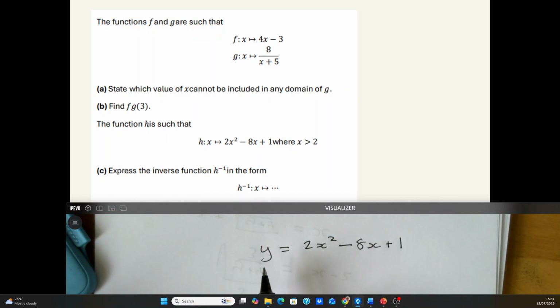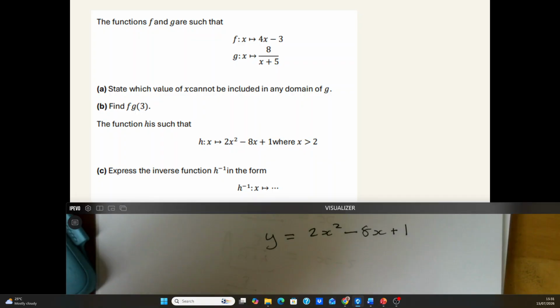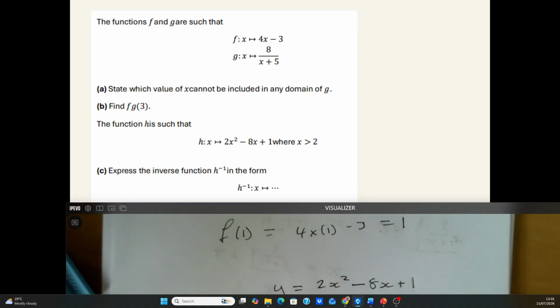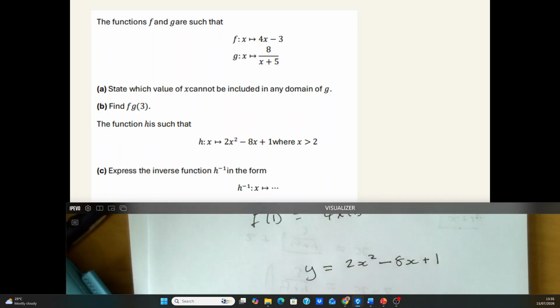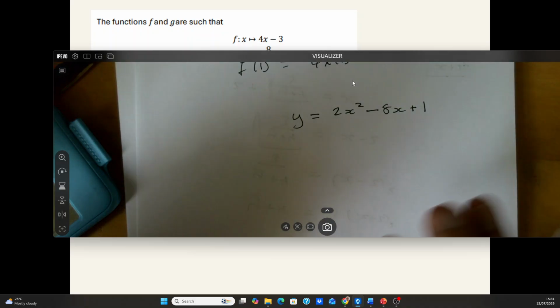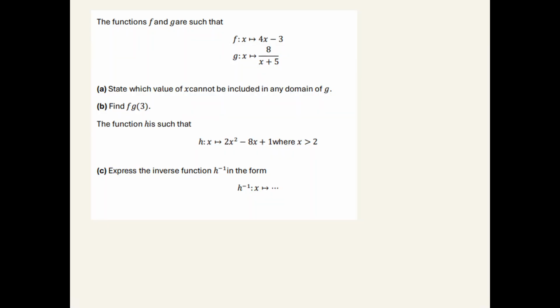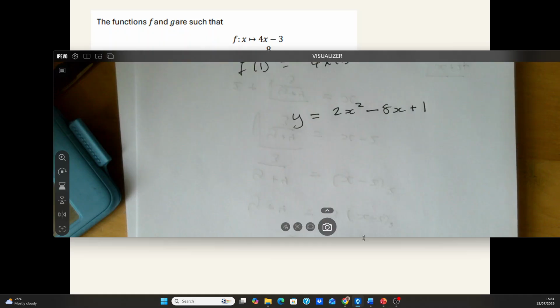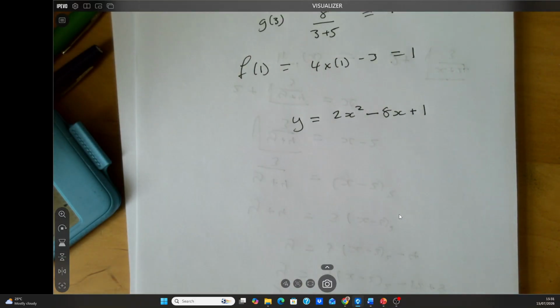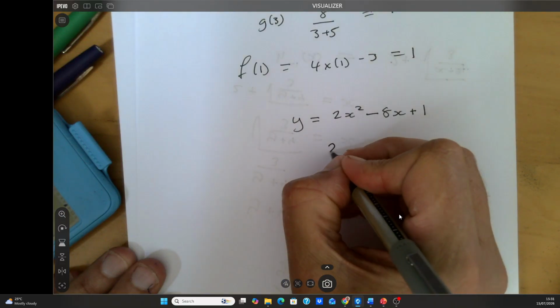Because I'm trying to make x the subject and I've got 2 of them, what do I need to do? I'm going to complete the square, but before I do that, I'm going to expand it out. Sorry, take the 2 out.